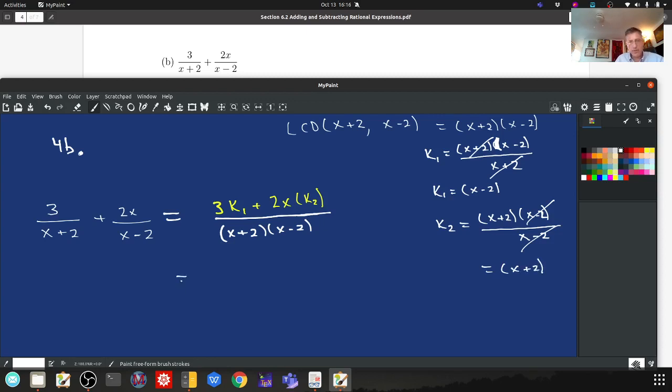So the end result is going to be 3 times k1, which is x minus 2, in parentheses, plus 2 times x times k2, which is x plus 2, all over my common denominator.